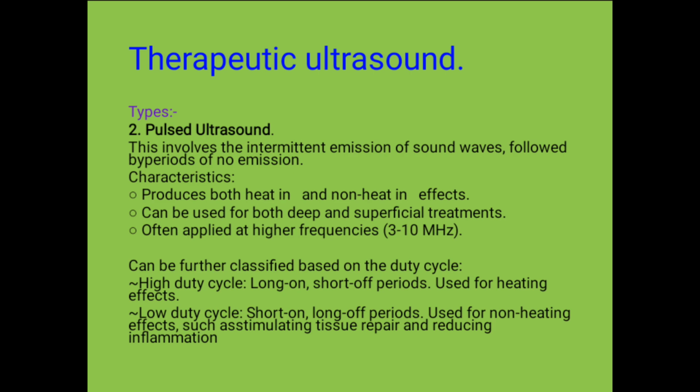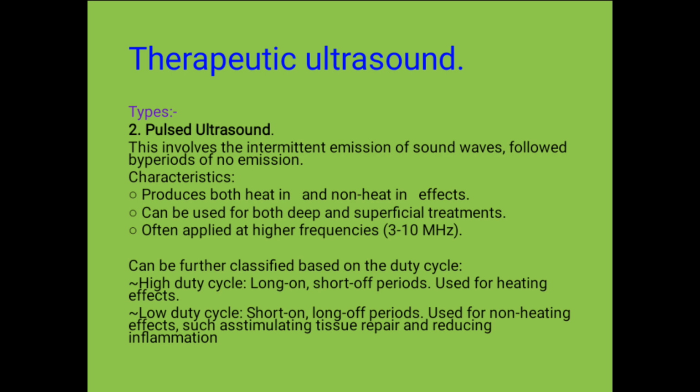So what are the characteristics of the pulsed ultrasound? Of course, it produces both heat and non-heat effects, or else both thermal and non-thermal effects. We will get to understand that even as we look at the physiological effects, so don't be worried.